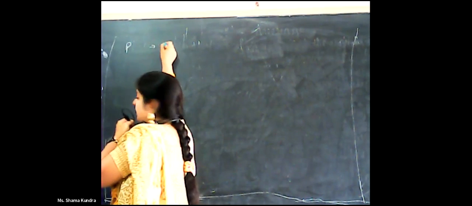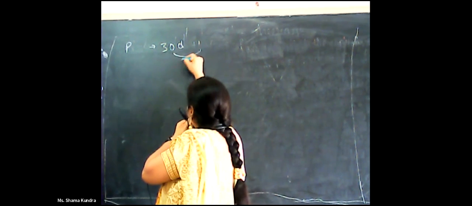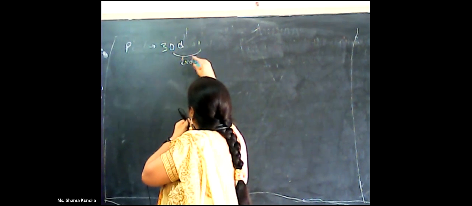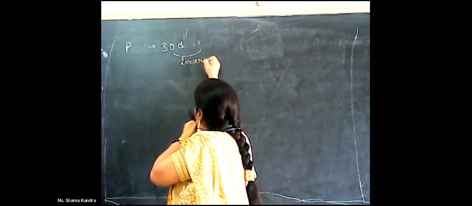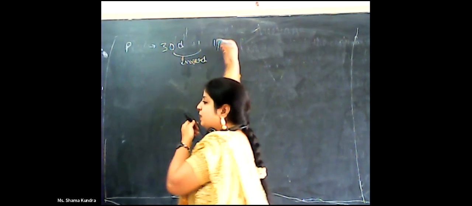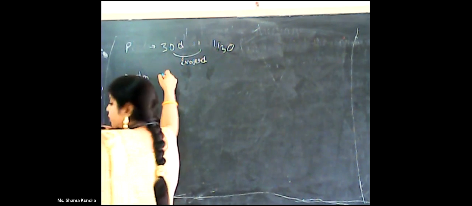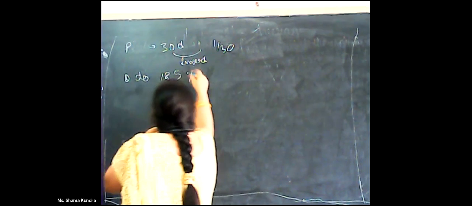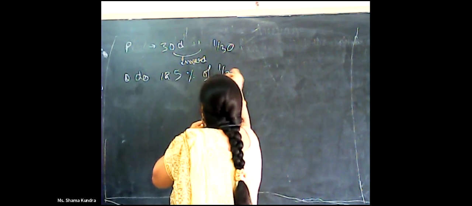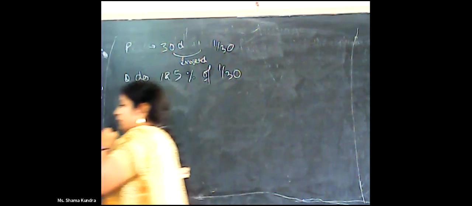P takes 30 days. Now simply invert. What you will get? 1 upon 30 amount of work done in one day. Moving to the example of pebbles, Q does 125% of 1 upon 30. How?